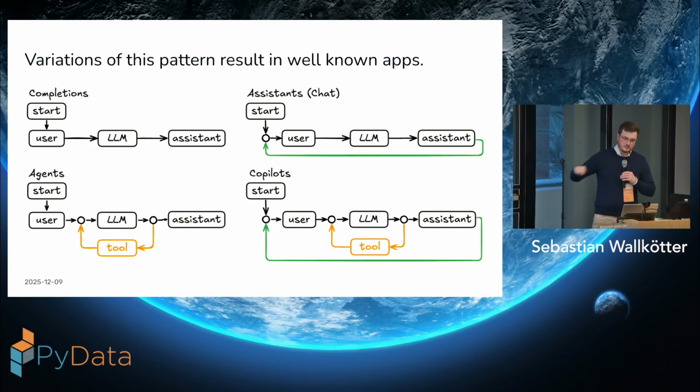If you have the turn loop, but not the trace loop, you get a chat assistant. Early versions of ChatGPT are examples of that. These chat-with-your-docs features, like NotebookLM, work like this. Certain custom GPTs where you just upload a bunch of documents and then chat with them are all examples of these assistant-type applications.